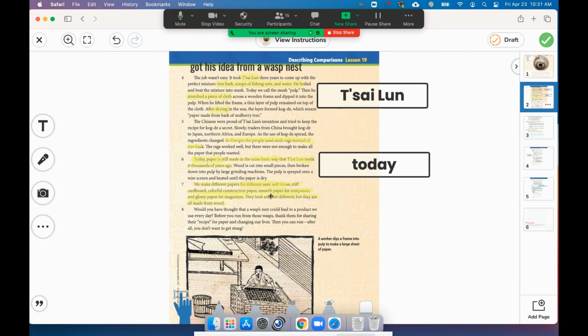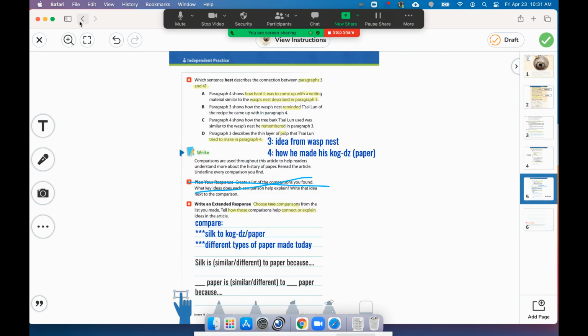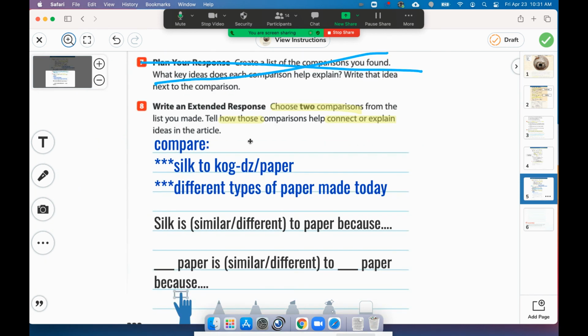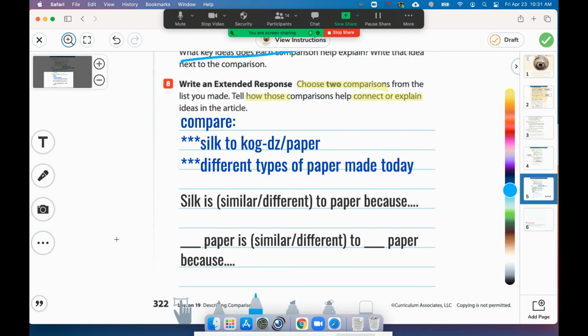Construction paper, card paper, tissue paper, glossy paper. So you can look for that in paragraph 7. For silk and regular paper, you can look for those in paragraphs 1 and 2.